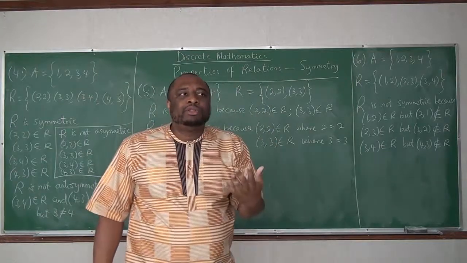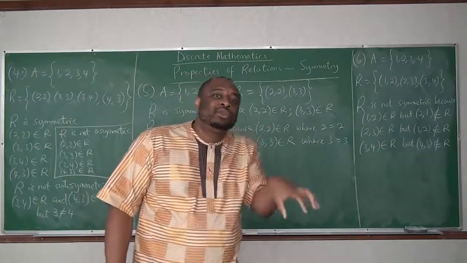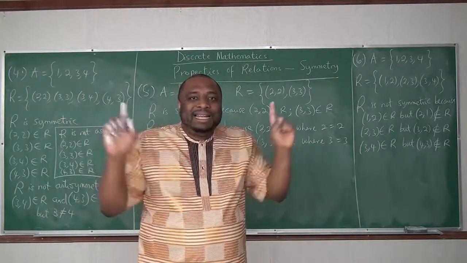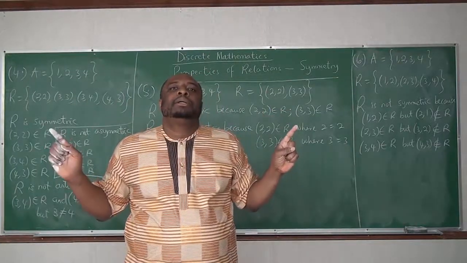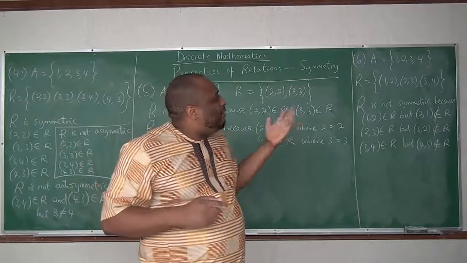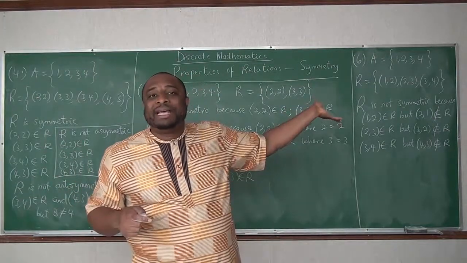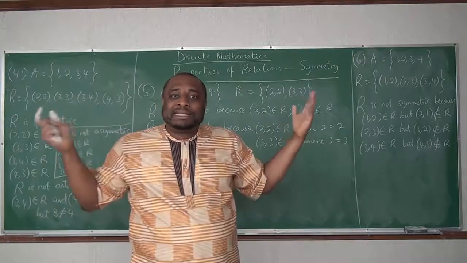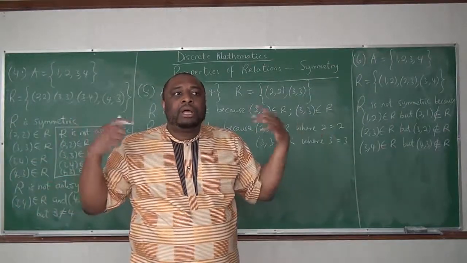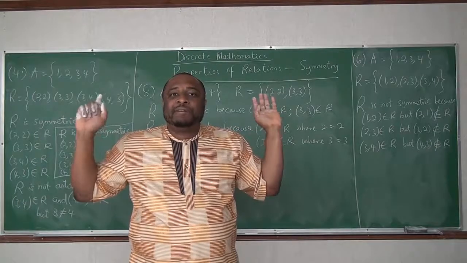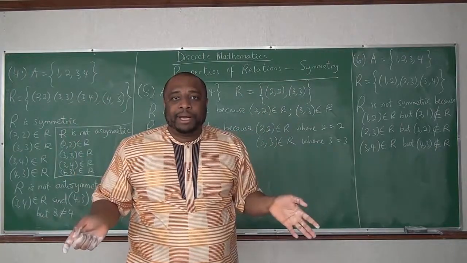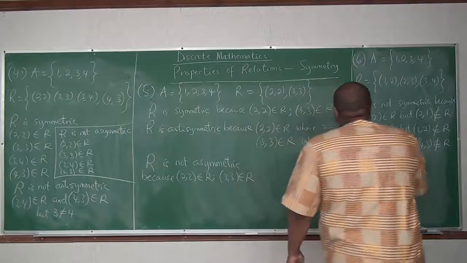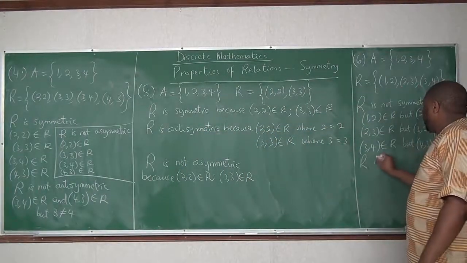You have (1, 2), you don't have (2, 1). If you had (2, 1) and 1 is not equal to 2, then it is not antisymmetric. But right now you don't have any counterexamples, it lacks sufficient information. And when it lacks that information, we say it holds that property. So we say that R is antisymmetric.